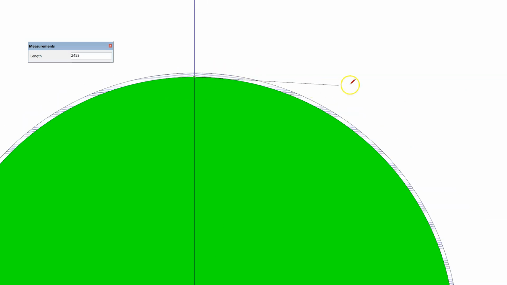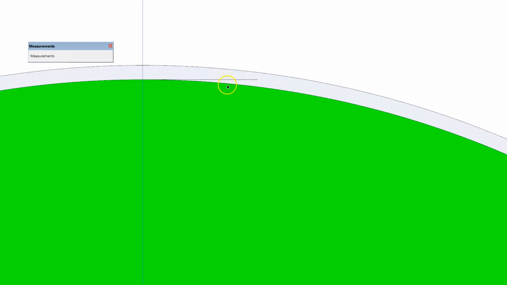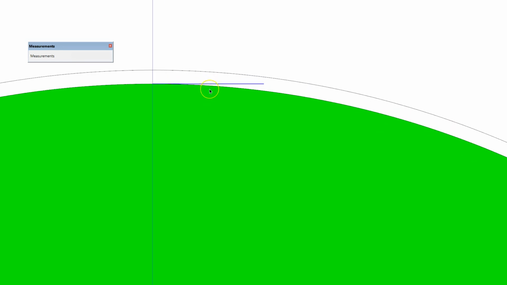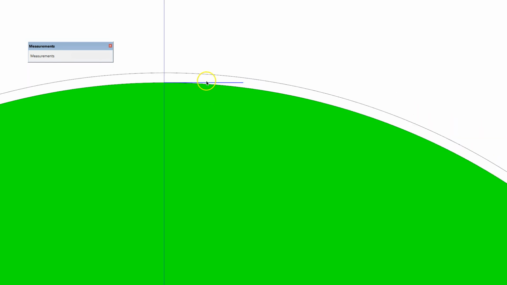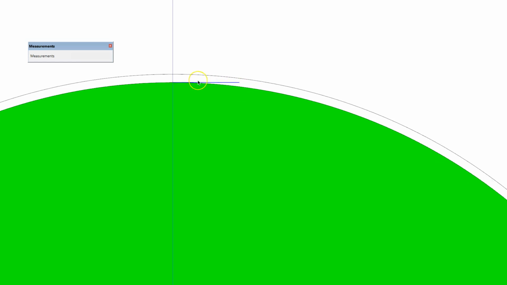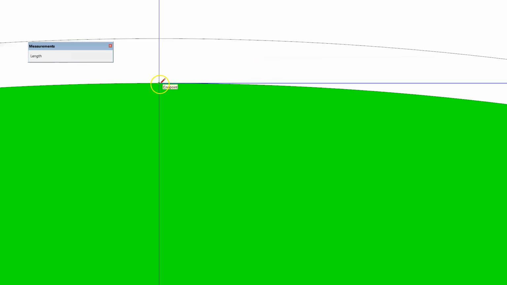If I am here and I draw a line out this way, tangent to the top of the Earth, and I type in 500, that will bring me out 500 miles. I want to actually also do 100 miles.